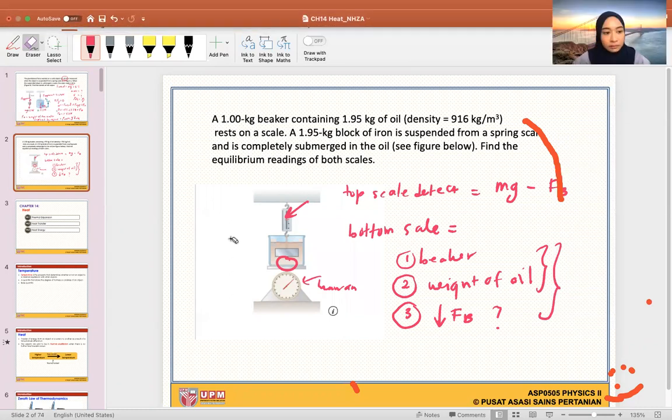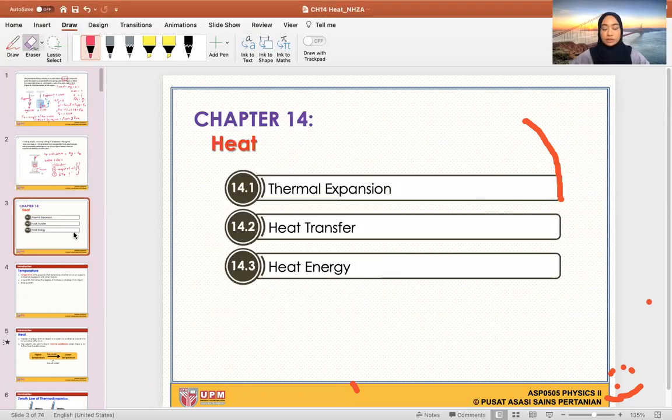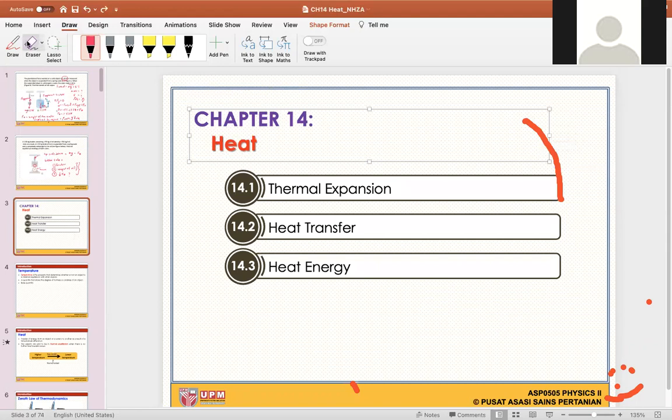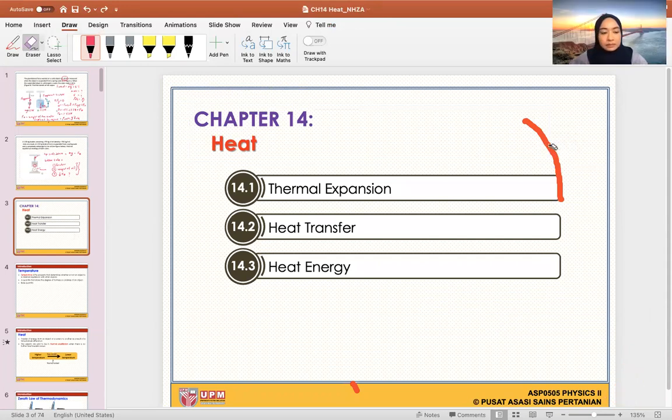Okay. Right, so let's start with chapter 14. Oh my god, what happened here? Doktor, macam dalam learning outcome kita, chapter 13 kan ada hydrodynamic kan? Ada hydrodynamic, tapi tak masuk.